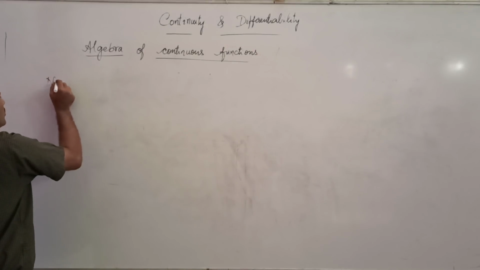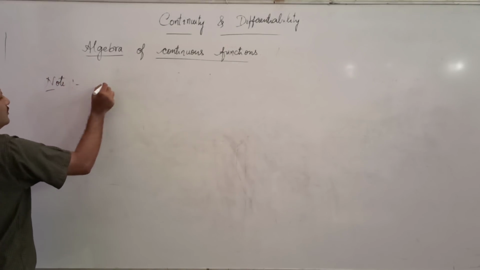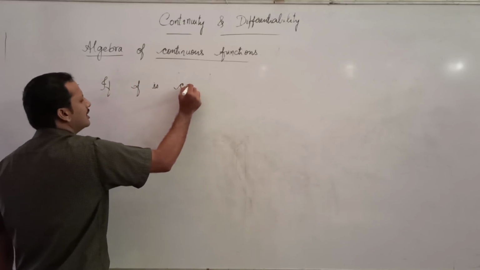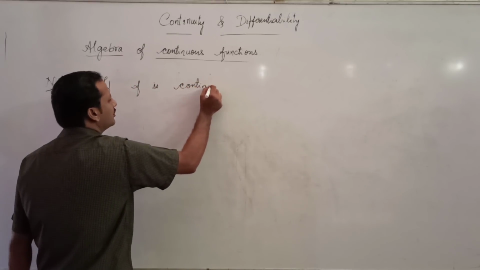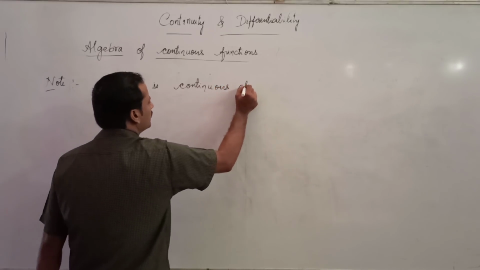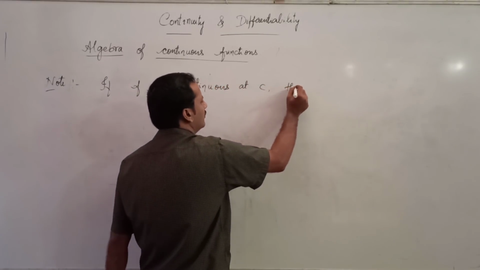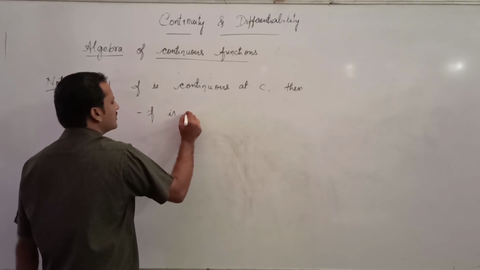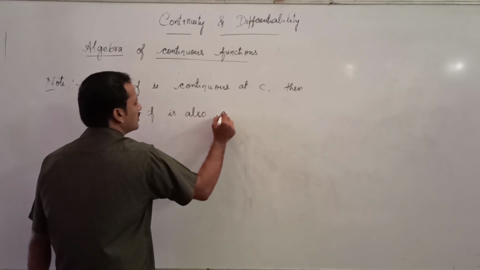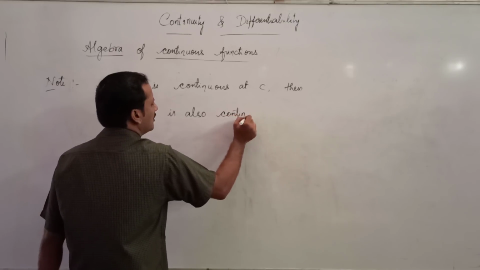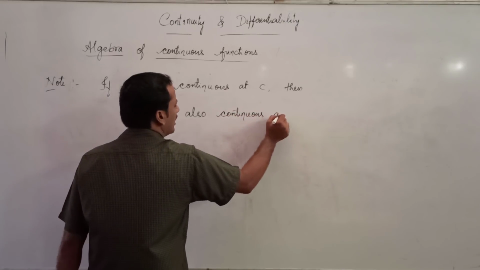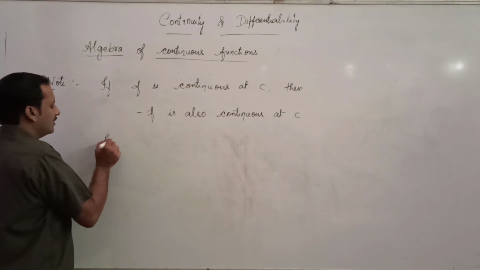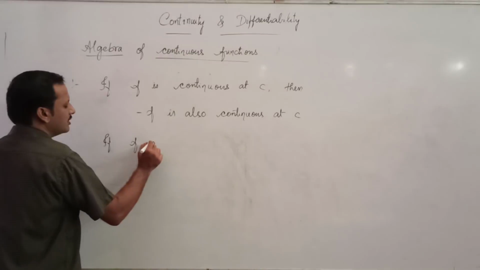By using this theorem, we can write a note, that is, if f is continuous at c, then minus f is also continuous at x equal to c.